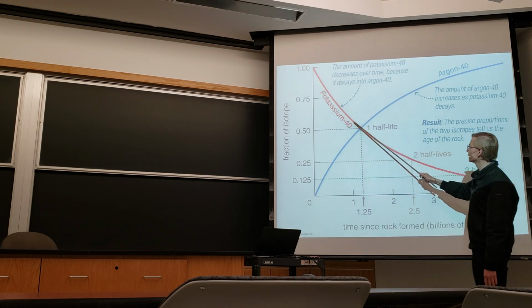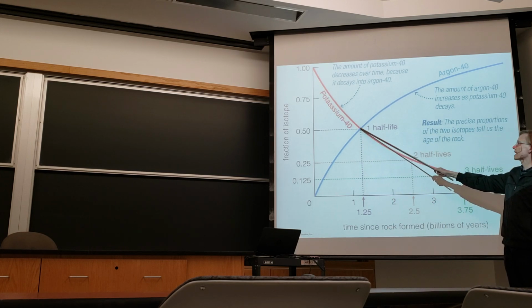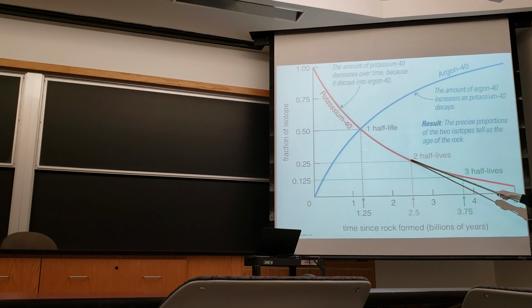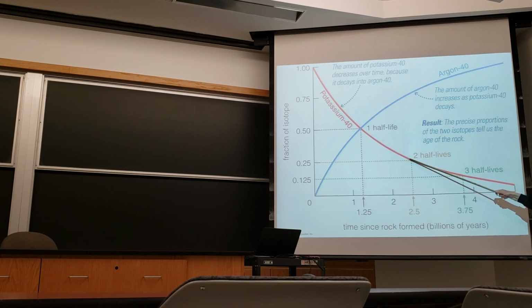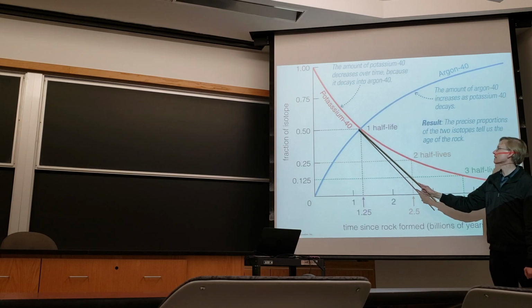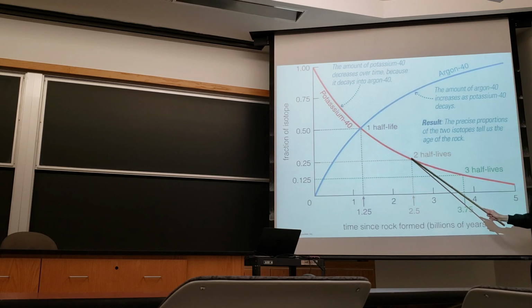After 1 half-life, half of the potassium 40 remains. After 2 half-lives, 1/4 of the original potassium 40 remains. Notice that half of the material that was there at the start of the second half-life is decayed during the next half-life.